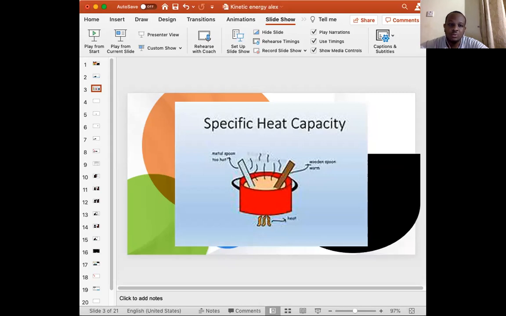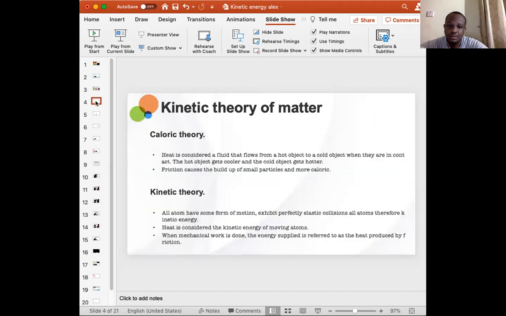All right, so we have two theories that have been going against each other for years now. We'll look at two: the caloric theory and the kinetic theory of matter. All right, so the caloric theory.